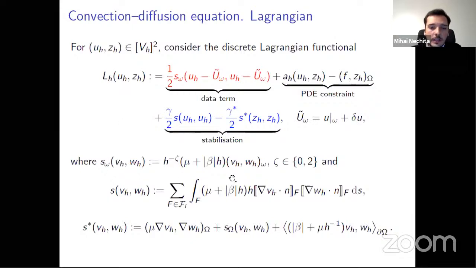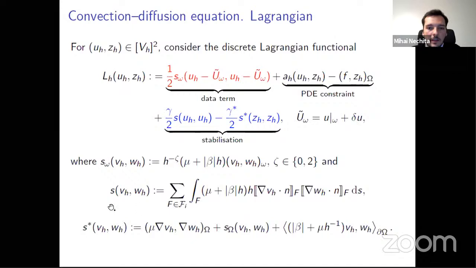So in this case, we take again the L2 norm to measure the data fitting term, and we scale it with some coefficients that depend on the physical parameters and the mesh size h. The primal stabilizer is again the continuous interior penalty one, so penalizing the jumps of the gradients across the interior faces, and we scale this again with some coefficients.